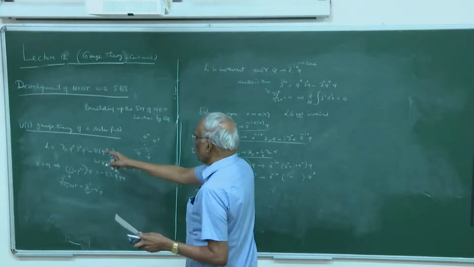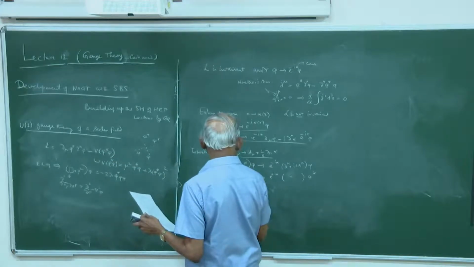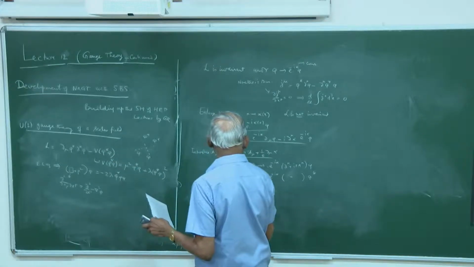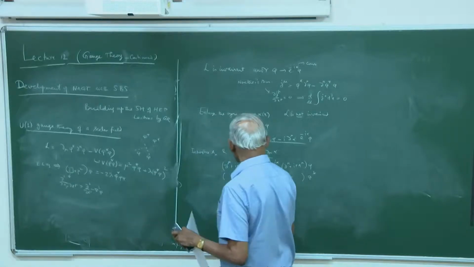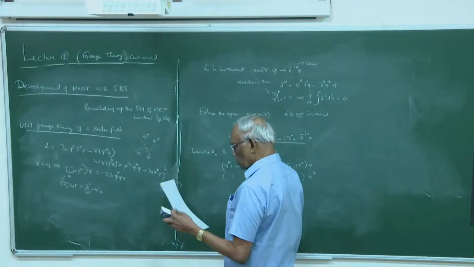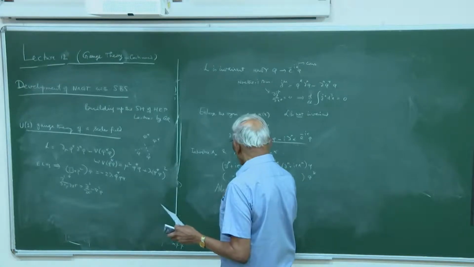So if we replace those d mu phi and d mu phi star by these covariant derivatives, if d mu operates on phi, you have to add this. If d mu operates on phi star, you have to do this. Both of them come, so you multiply them together and then also add the dynamical term.